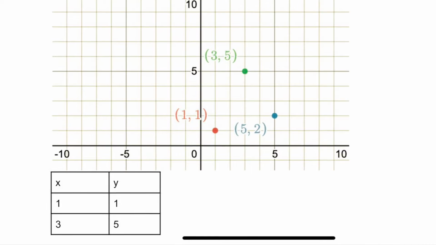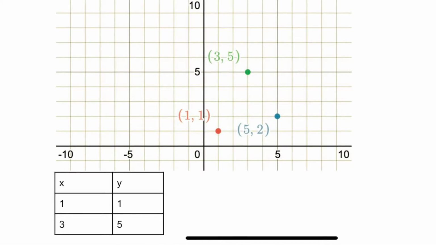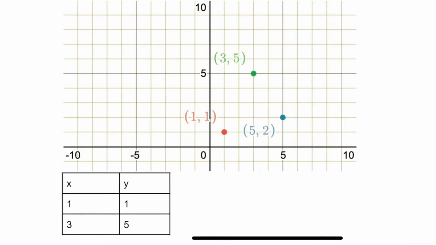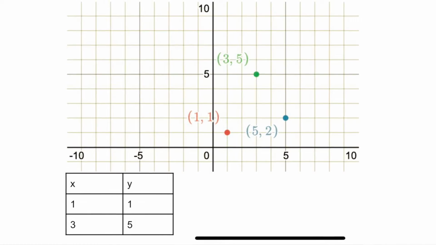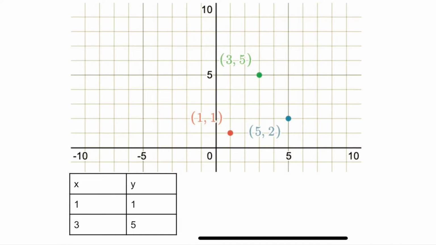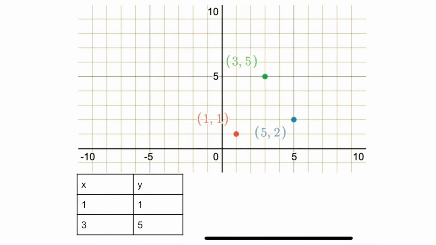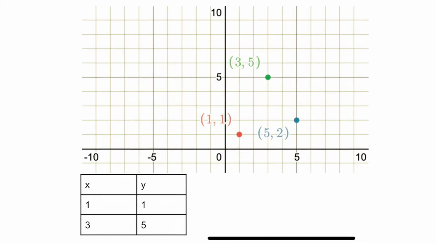We want to find the slope of the second side. So we want to look at the slope of the segment of the triangle that goes from (1, 1) to (3, 5). You can see I've made my table of values. You can use your table of values to find the slope, or you can use the equation m is equal to y2 minus y1 over x2 minus x1.